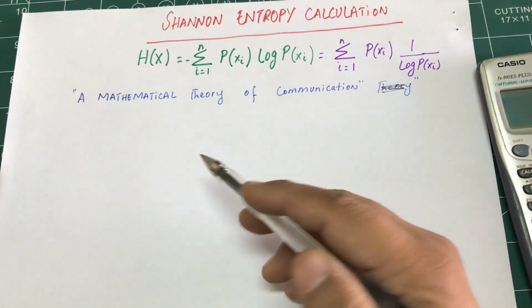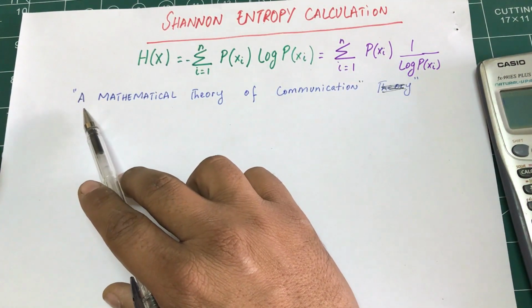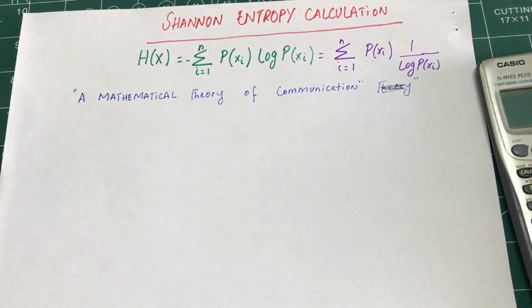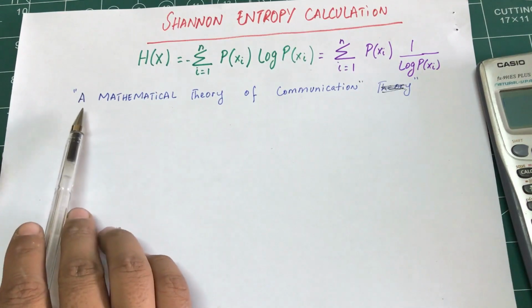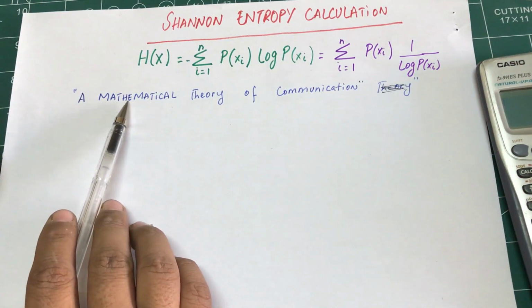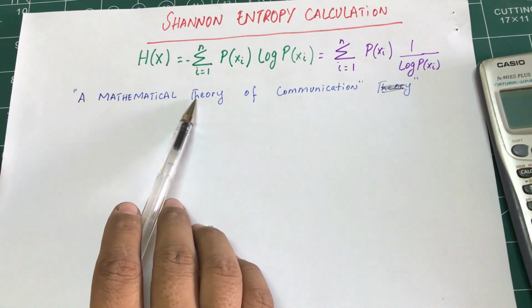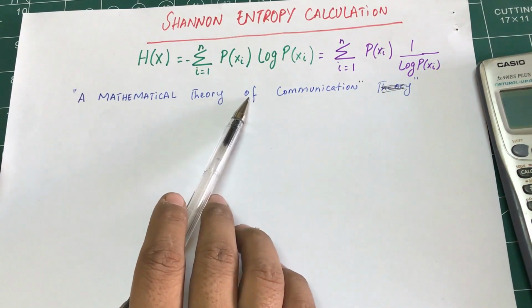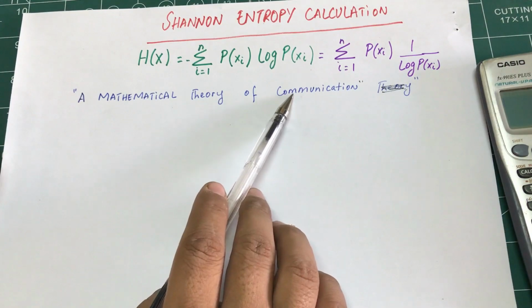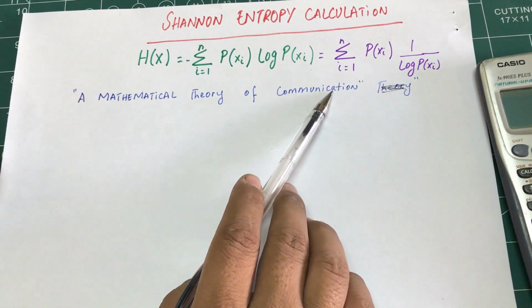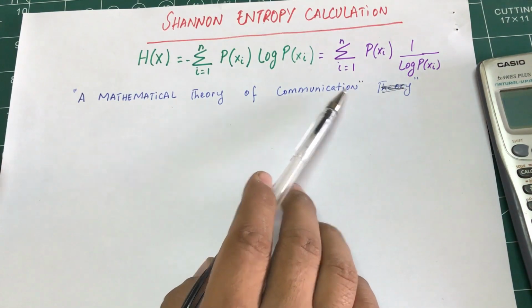So the way I'm going to do it, let's say I have a sentence like this: mathematical theory of communication. I'm going to count the number of letters that are there. 1, 2, 3, 4, 5, 6, 7, 8, 9, 10, 11, 12, 13, 14, 15, 16, 17, 18, 19, 20, 21, 22, 23, 24, 25, 26, 27, 28, 29, 30, 31, 32, 33, 34.